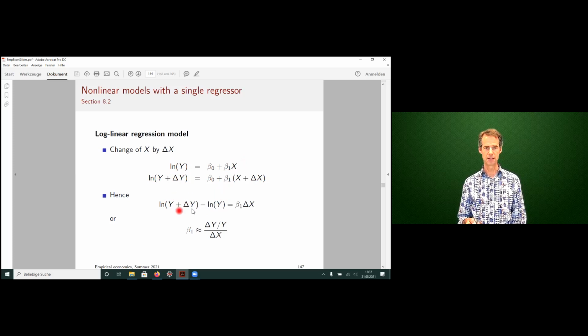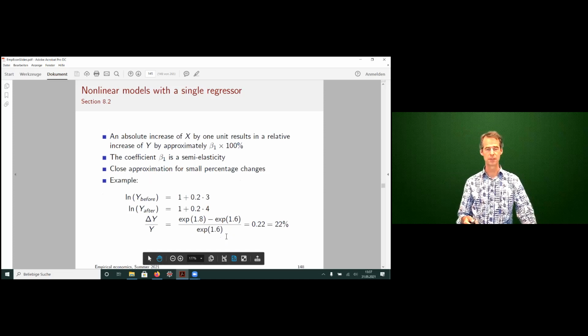So on the left-hand side, we have the log change in y, and on the right-hand side, beta 0 drops out, and beta 1 x also drops out, and what remains is just beta 1 times delta x. We can approximate the left-hand side by delta y over y, as we have seen before. So beta 1 is the percentage change in y divided by the unit change in x.